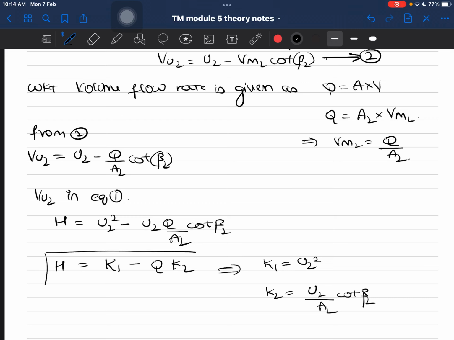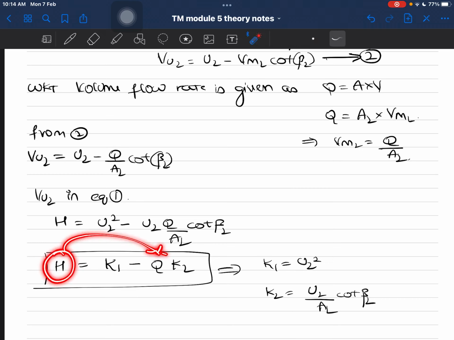So this is the relation you are expected to write in case of a question asked on theoretical head capacity relationship. It correlates the head with the flow using these two constants, where K1 is equal to U2 square and K2 is equal to U2 divided by A2 into cot beta 2.